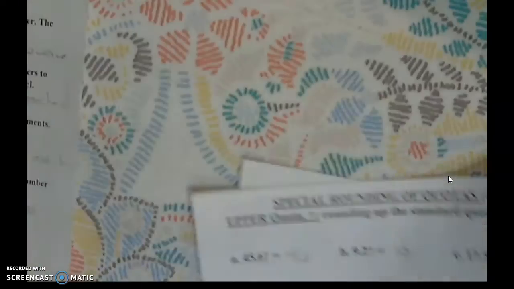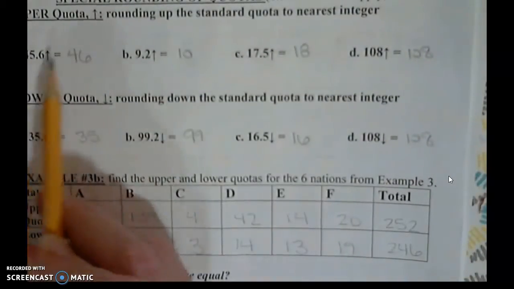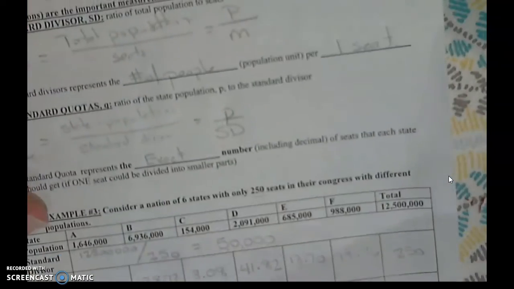And that would be, for the most part, no, unless everything that you divided to get your standard quota would have to be a whole number.